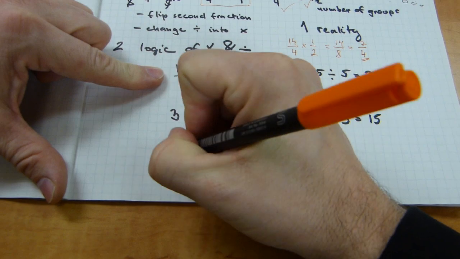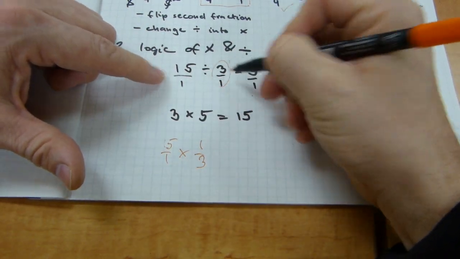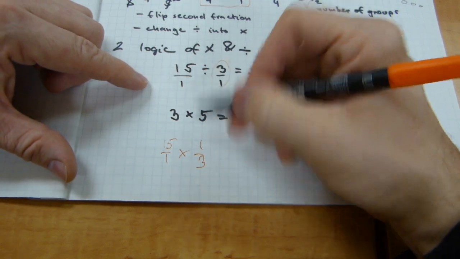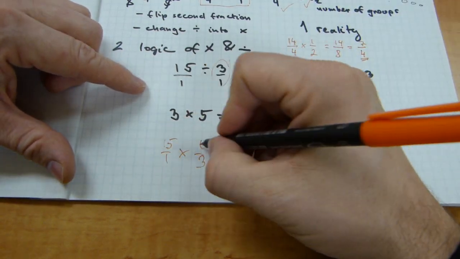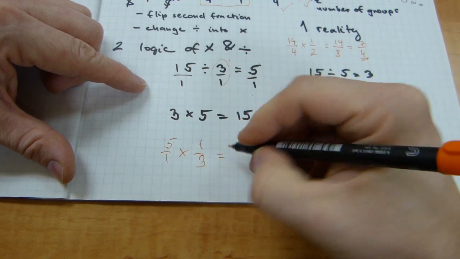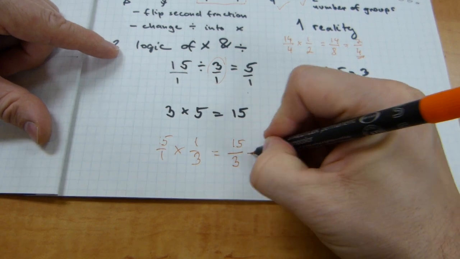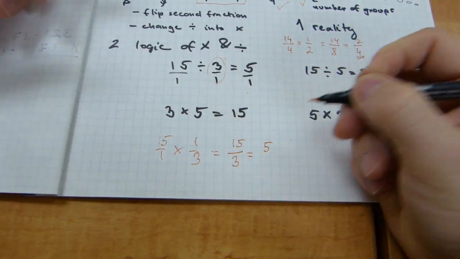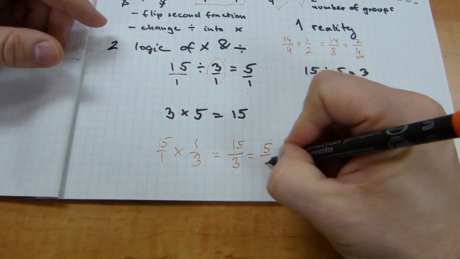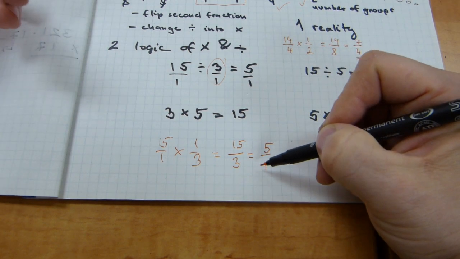15 over 1 times 1 over 3, because we're flipping the second number upside down, and that becomes a multiplication. 15 times 1 is 15, and 1 times 3 is 3. 3 goes into 15 5 times with no remainder. So it's a 5 over 1. Or we can reduce 15 by a factor of 3, and 3 is reduced by a factor of 3.